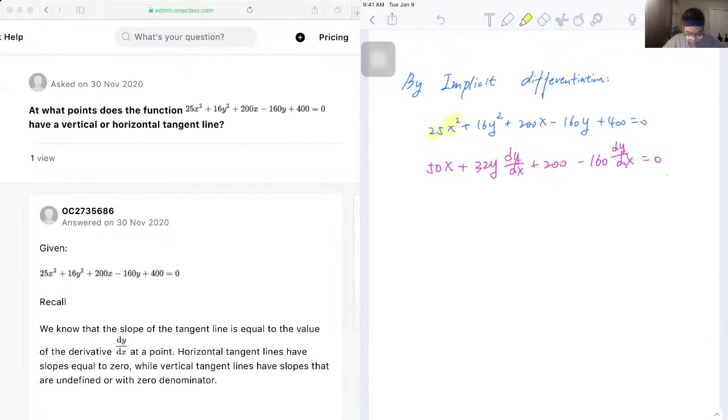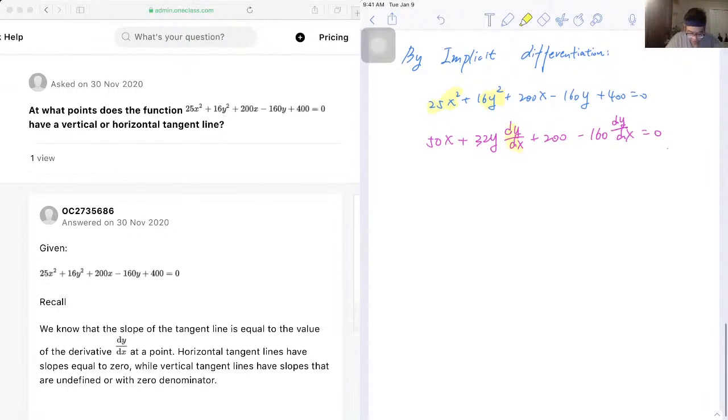For the first part, we just move the 2, the exponent, to the constant. So 25 times 2 is 50. Similar for the second part. Other than moving the exponent to the constant part, we also need to take the derivative for y. So that's why we have a dy dx here. Similar thing for 200x, just 200 itself. And for 160y, we also need to take the derivative of y. And the derivative of 400 is just equal to 0, so we didn't write that out.